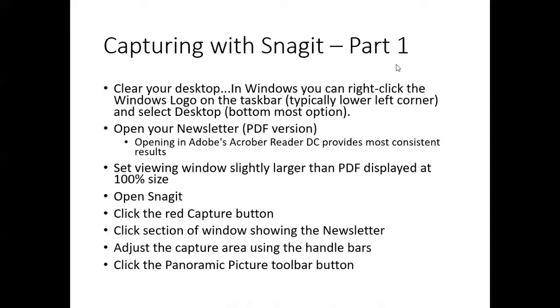And I don't recommend that simply because, again, of inconsistency with the results of the display. So most everybody should have Adobe Acrobat Reader DC on your system if you're able to view PDF documents. If you don't, you can download it for free. And I do apologize, I didn't think about including that link here, but you should be able to find that.